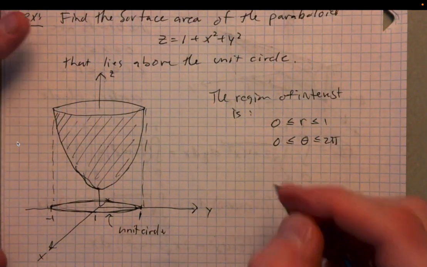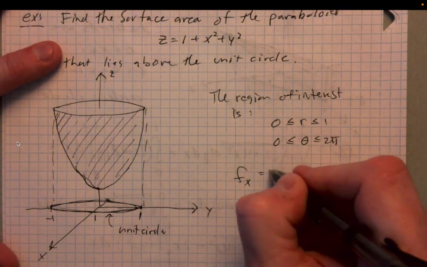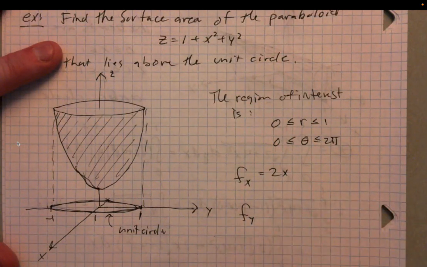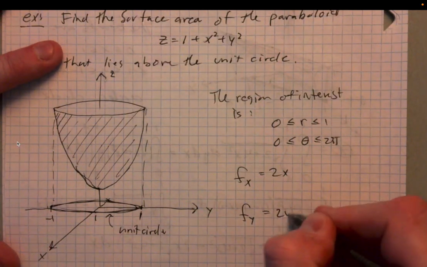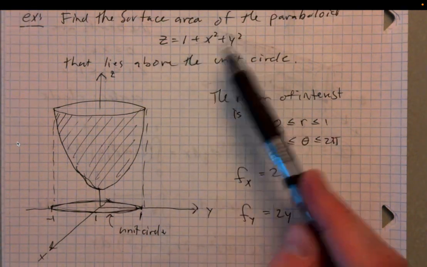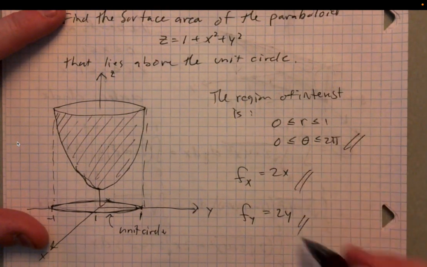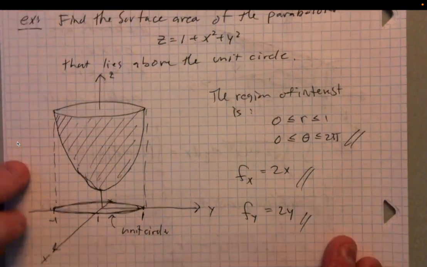Okay, what are the partials of f? F sub x is equal to 2x. F sub y is equal to 2y. Right? Again, just differentiating the function with respect to x and then with respect to y. Okay, so we've got a relatively good setup here, seemingly.